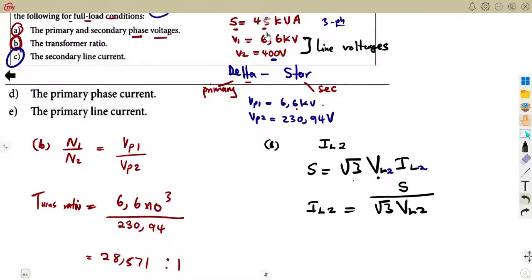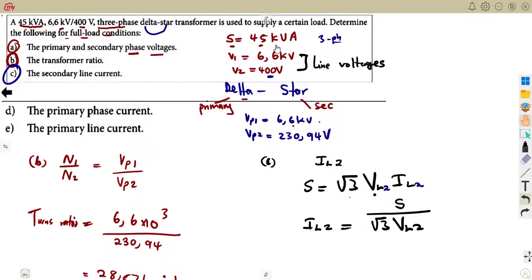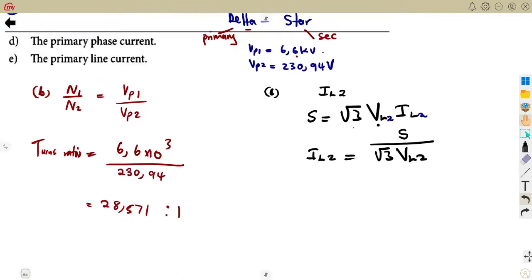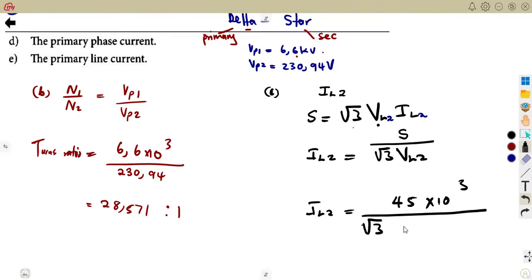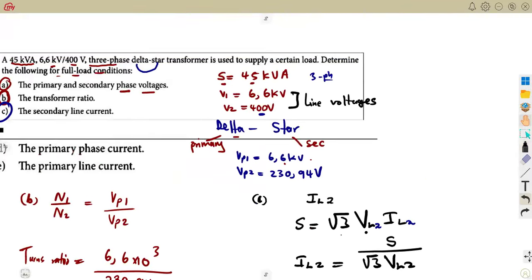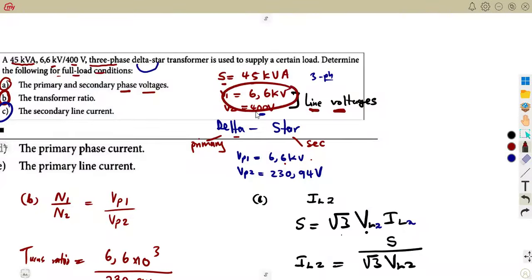S is 45 kilovolt amperes. So you substitute, everything is there: 45 times 10 to the exponent of 3 over the square root of 3 times the voltage of the secondary, which is the line voltage of the secondary. Like I said, these are line voltages, the ones that you're given. So the V2 there is the line voltage of the secondary.